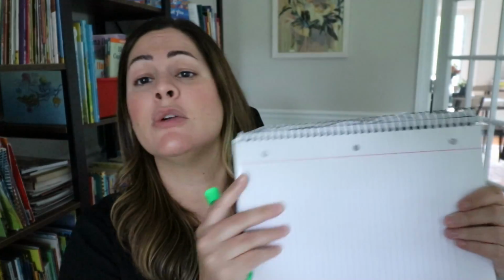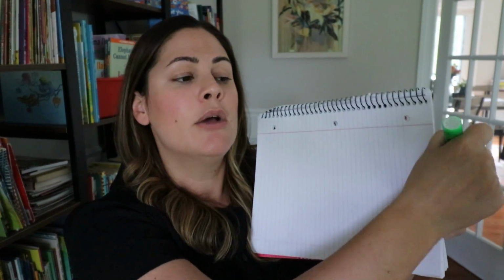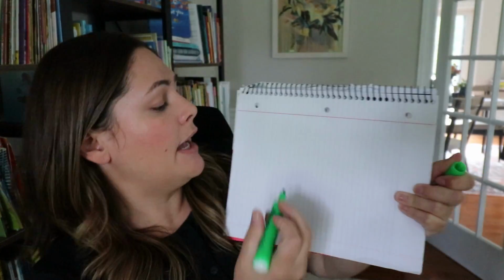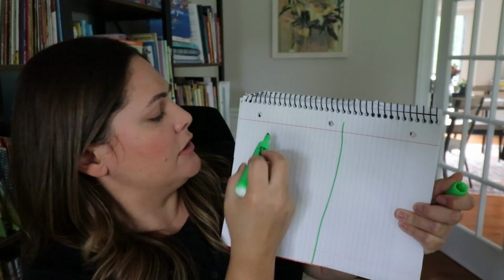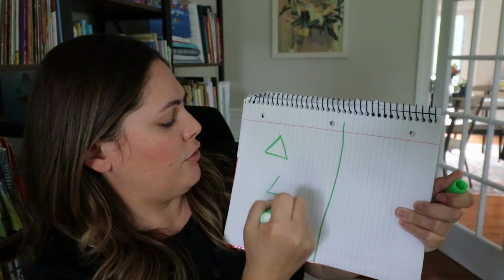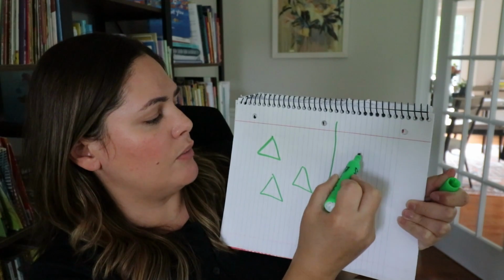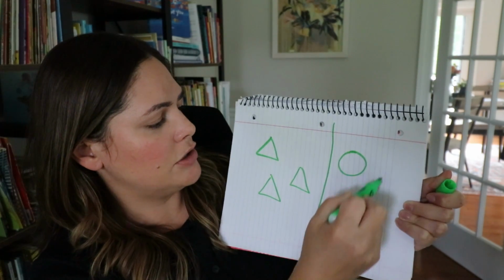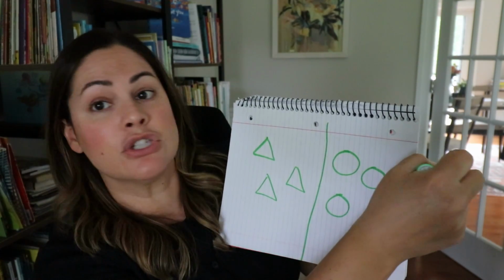Still using objects, you can go ahead and have students start to compare groups of things. So you can do this on a board, or you can actually grab some physical objects. Just to show you, I would do both, by the way. I would do some examples on the board, and then I would also grab some things and put them in my hand. But for example, I would draw a line down the middle, draw like 3 triangles over here, and we will draw 1, 2, 3, 4 circles.